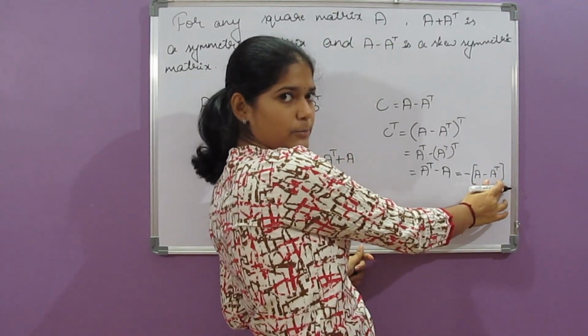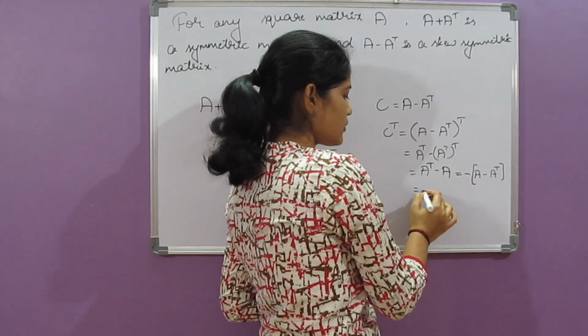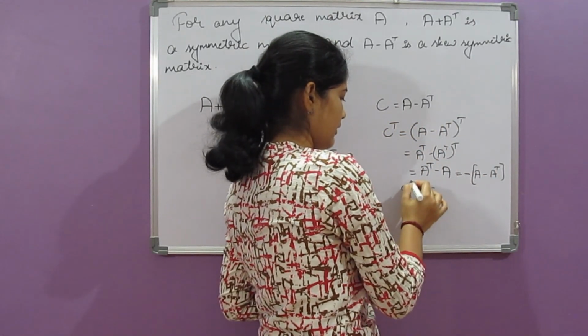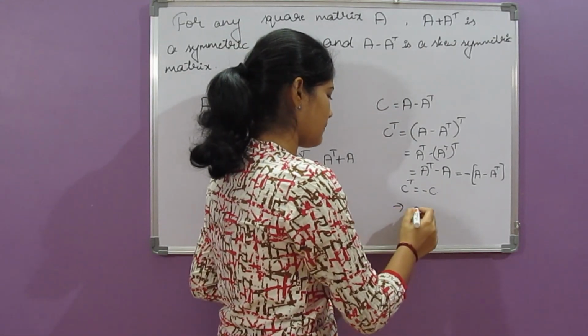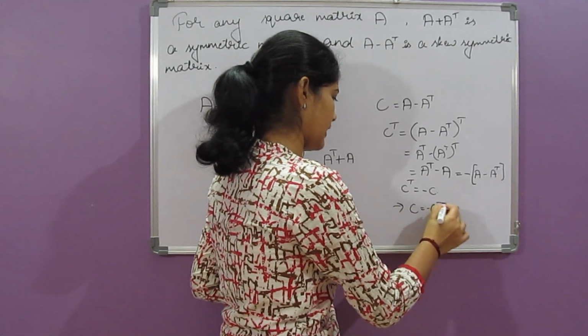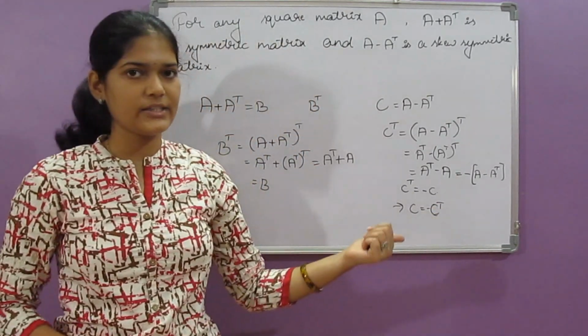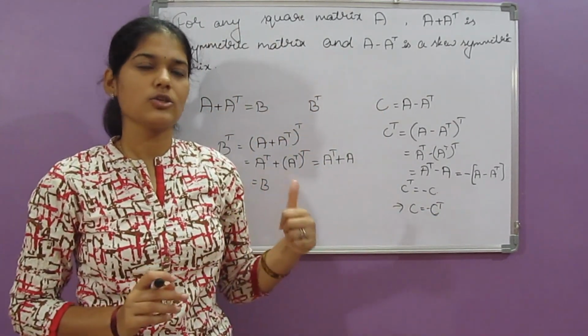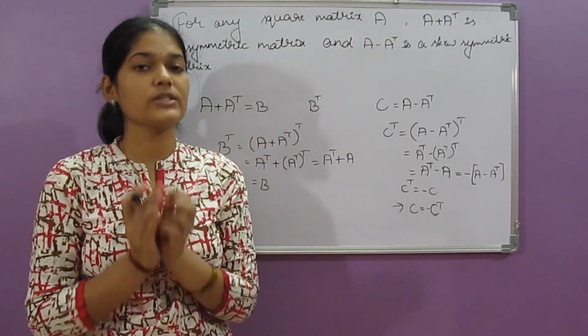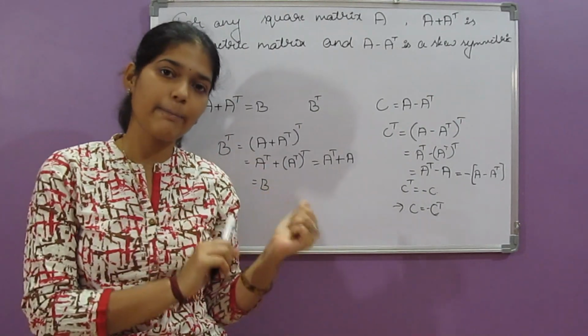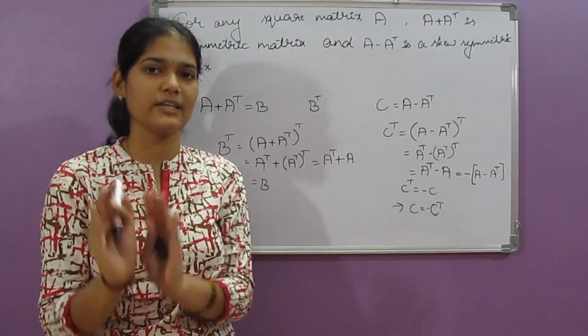A minus A transpose is nothing but C. So this is minus C. We got C transpose is equal to minus C. That is nothing but C is equal to minus C transpose, which is the condition for a skew-symmetric matrix. So for any square matrix A, A plus A transpose is always symmetric and A minus A transpose is always skew-symmetric.